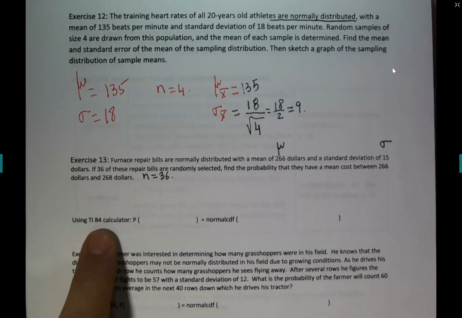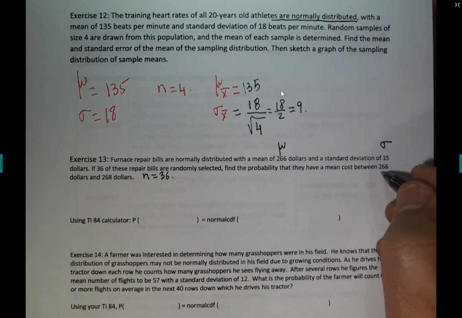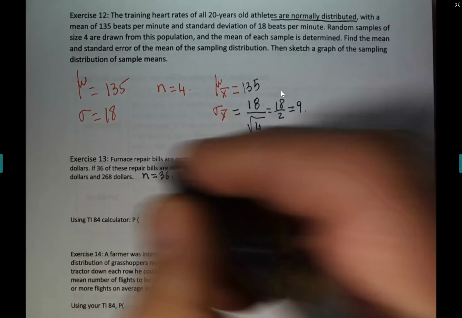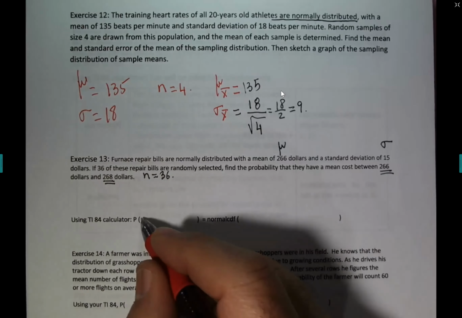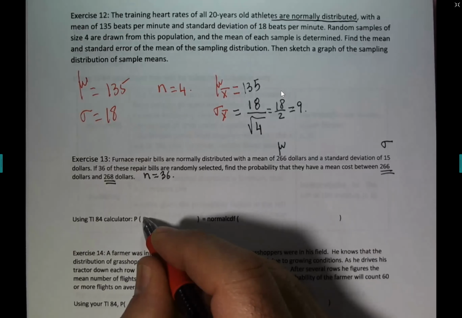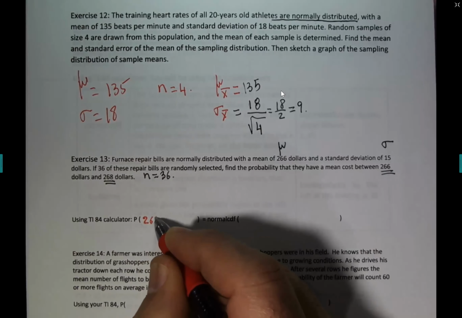Okay. Let's fill in the blanks using the TI-84 calculator. Okay. Who can help me here? So we want it between 266 and 268. What do I put here? In between. How do you write in between, guys? 266.